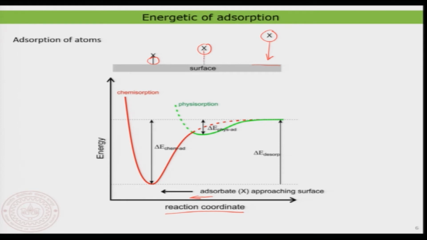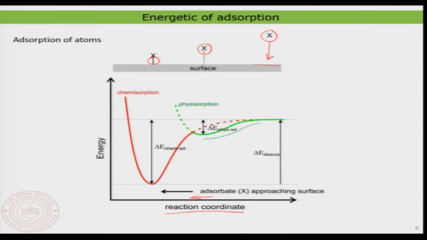Now, when the atom is approaching the surface, you would naturally imagine that the interaction starts to grow, which means that the total energy of the approaching atom is decreasing. As a matter of fact, you can see that the energy is going down like this, right.